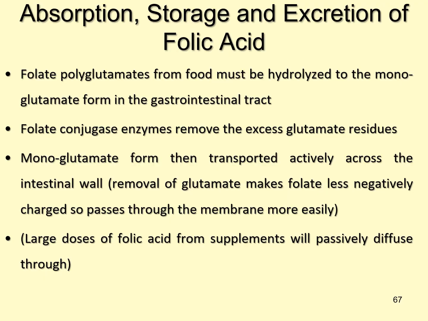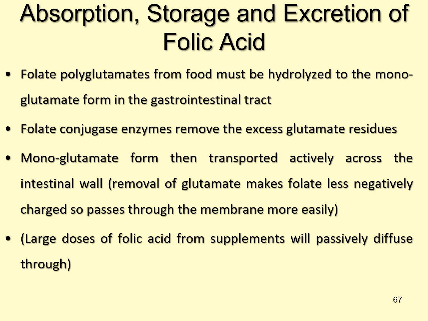The polyglutamate forms of folate from food must be hydrolyzed to the monoglutamate form in the gastrointestinal tract. The folate conjugase enzyme removes the excess glutamate residues, and the monoglutamate form is then transported actively across the intestinal wall.